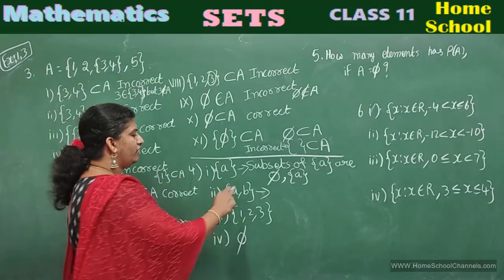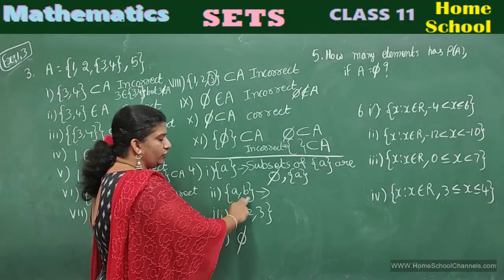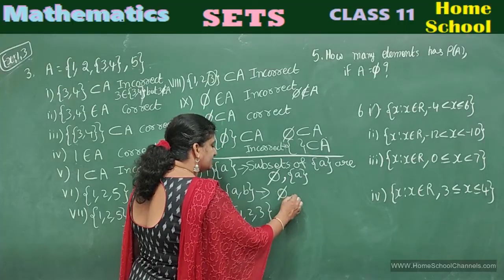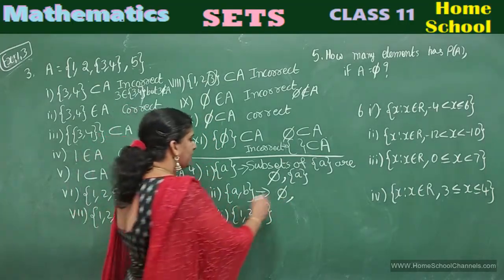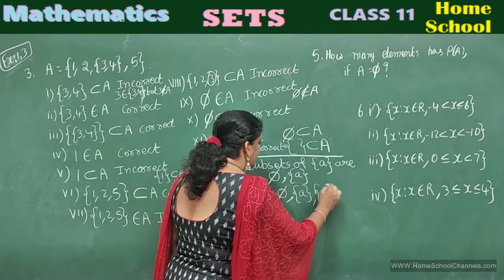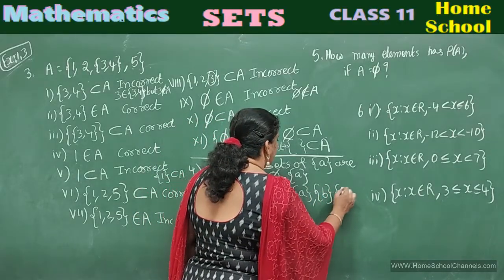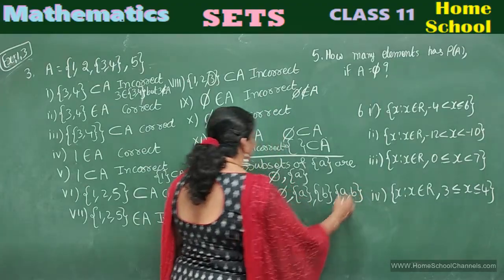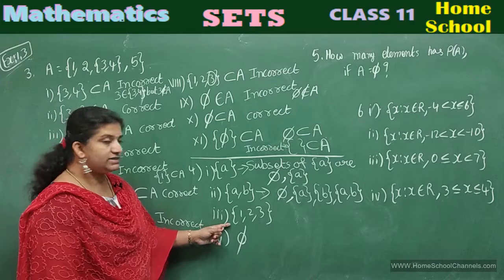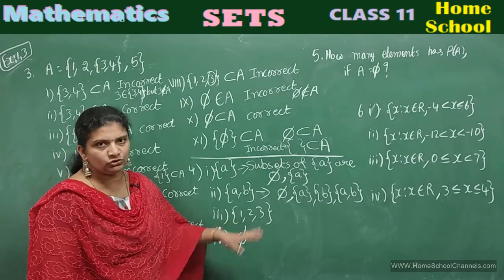See the second one, same manner write the statement. Subsets of this set containing 2 elements A, B. So every set, empty set is a subset, comma, {A}, {B}, and every set is a subset of itself. There are 4 subsets. See the third one, 1, 2, 3.